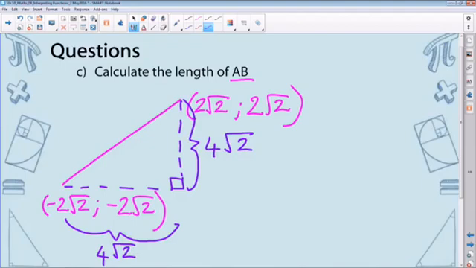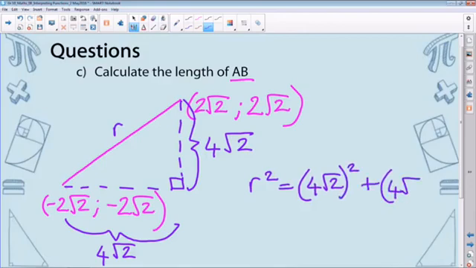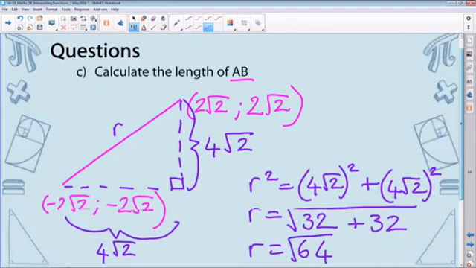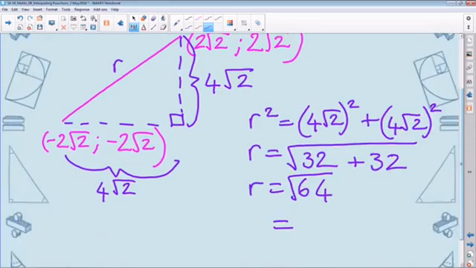So if I want to find out what r is, I'm going to use Pythagoras, and go 4 square root 2 squared plus 4 square root 2 squared, which of course means that r is equal to the square root of 32 plus 32, which is the square root of 64, which is equal to 8. Okay, feel free to check me on your calculator, but I'm pretty sure I'm correct.